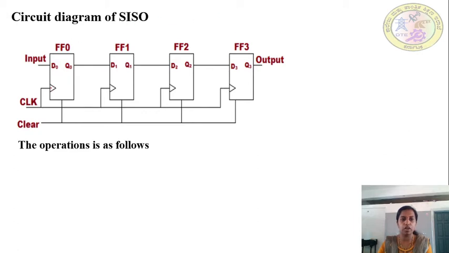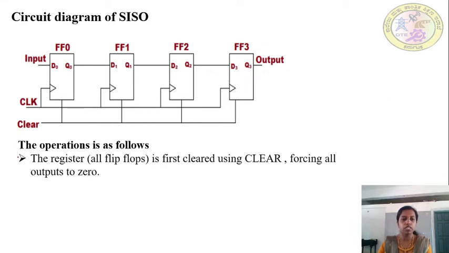Every flip-flop has a corresponding input and output. The output of the previous flip-flop is taken as the input of the next flip-flop, that is Q0 to D1, Q1 to D2, and Q2 to D3. The output can be taken at Q3 of FF3.